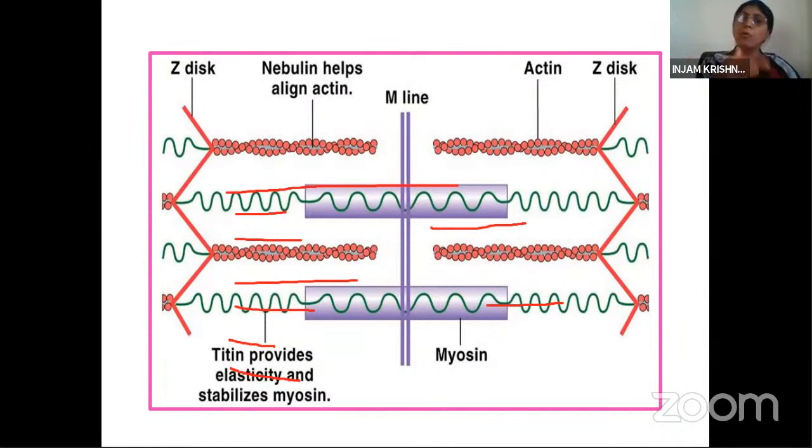They are able to move, and they are able to produce the contraction and relaxation, even though they maintain their structure with stability due to the presence of titin and nebulin proteins. These are the functions of nebulin and titin. Actin, myosin, troponin and tropomyosin we have already discussed. These are the 6 types of proteins in the myofiber.